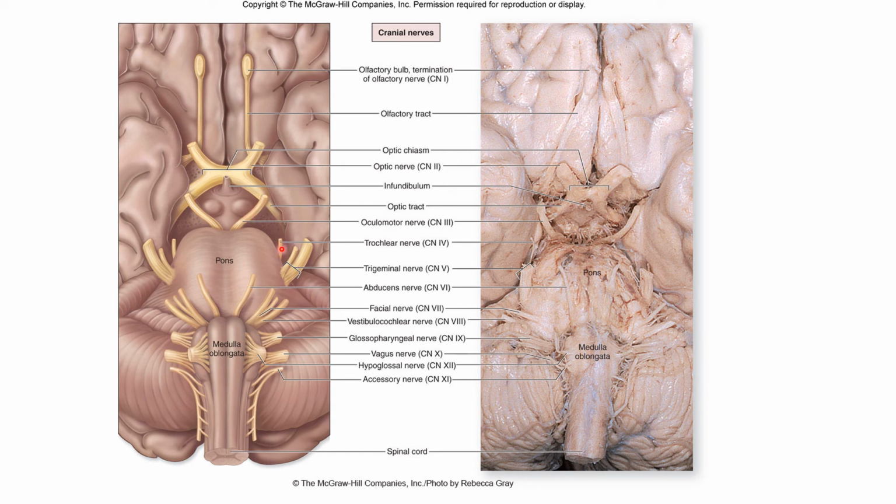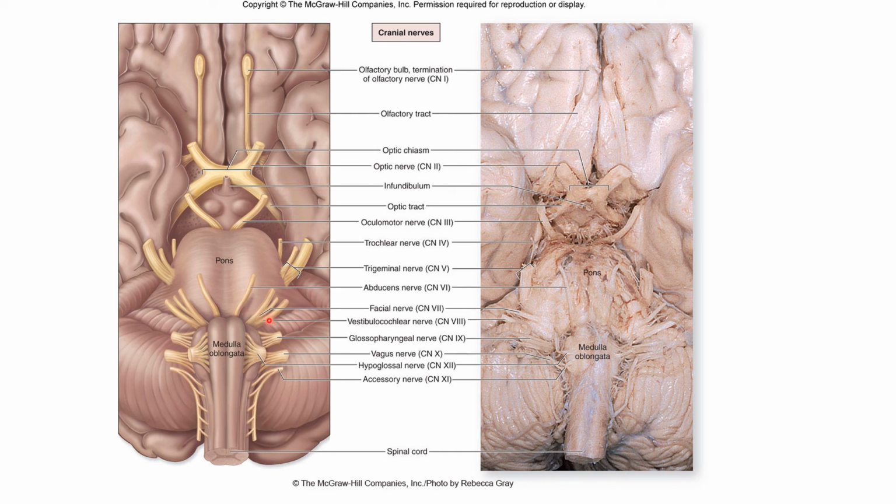On the side of the pons, we've got the fourth nerve, which is the trochlear nerve, and it helps with the movement of the eyes. The trigeminal nerve is going to be for face sensation. Then we've got our abducens nerve right here, which helps move the eyes.